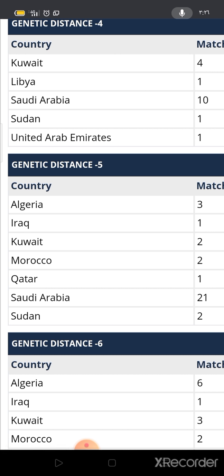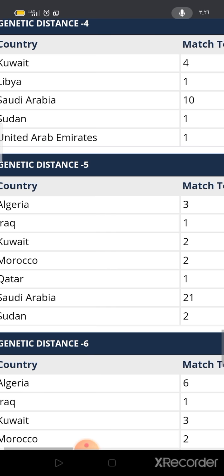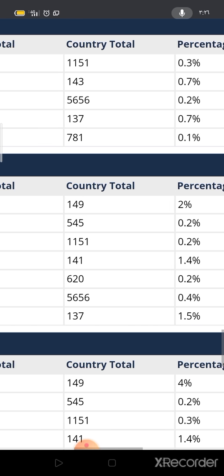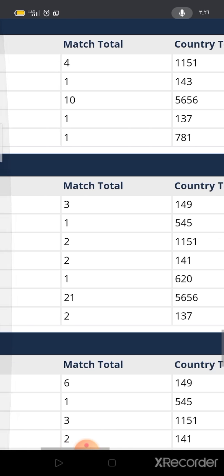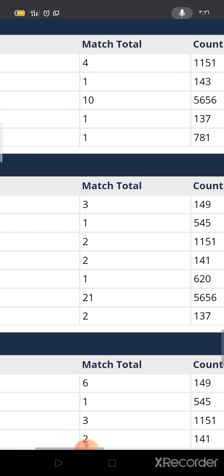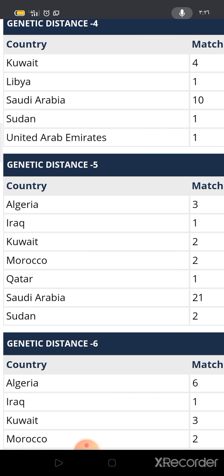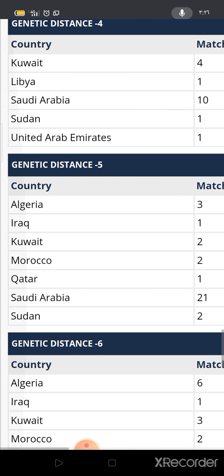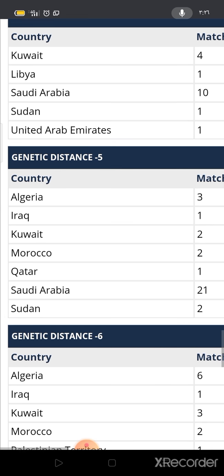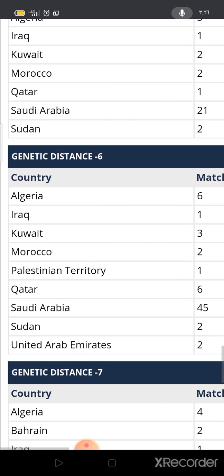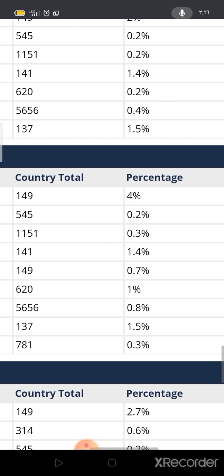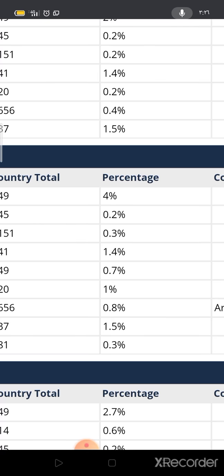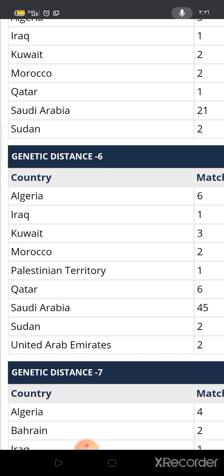So interesting, Algeria is following me on all the markers. 2% from Algeria, 3 among 149 people who did the test. And by number, the highest is 21 matches from Saudi Arabia. Genetic distance 6, I have 4% from Algeria again.